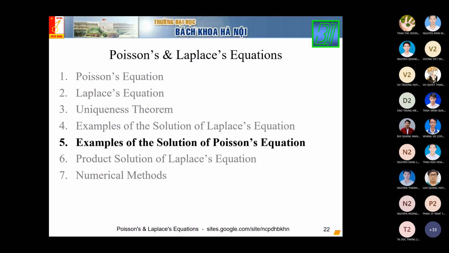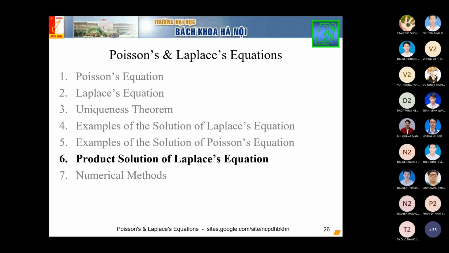For the examples of a solution of the Poisson equation, we have an example here, and I'll ask you to read this by yourself. In session number 6, we expand our concerns from a single variable solution to a two variable solution.